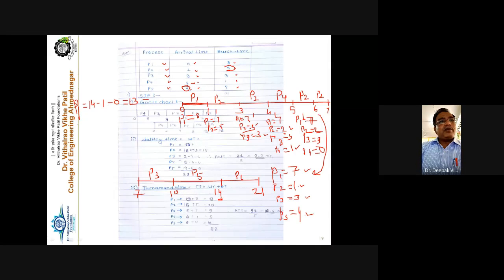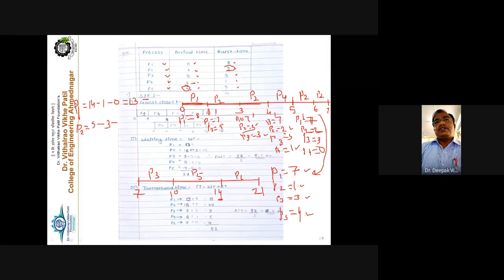For P2, the waiting time for process P2. Now, where is the P2 process completely executed? Between this slot 5 to 7, P2 has completely executed. So I can say 5 minus. Before reaching this 5, how many milliseconds has it executed? Between slot 1 to 4, that means 3 milliseconds of execution.